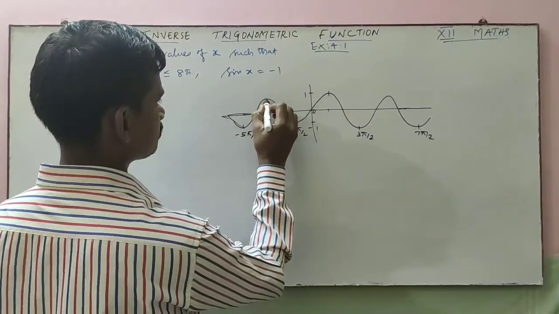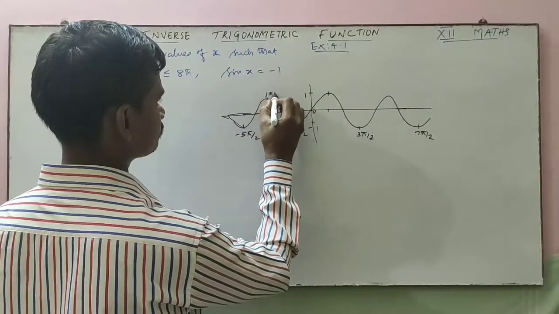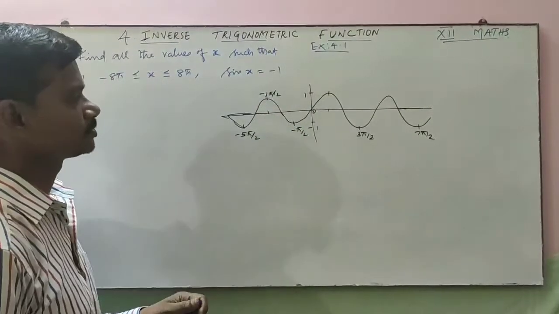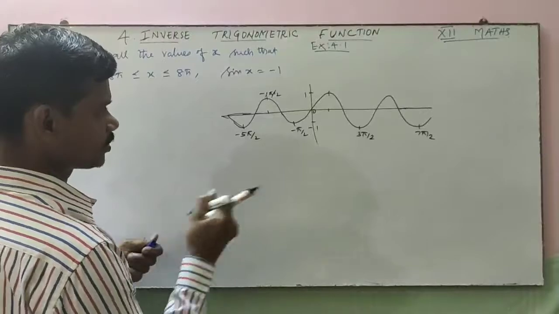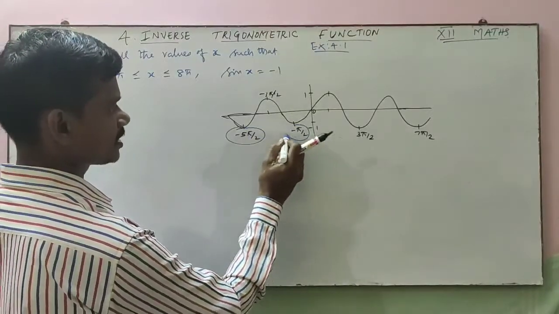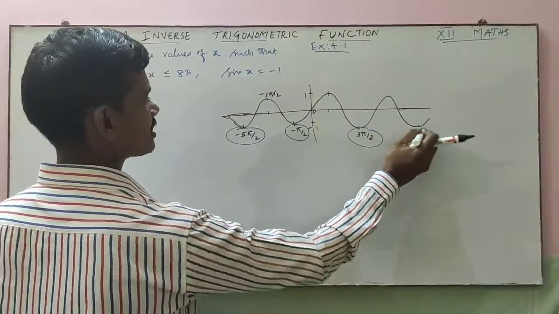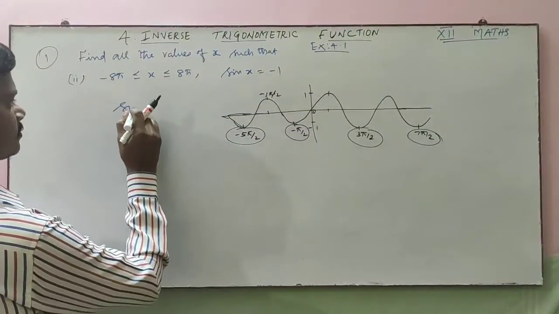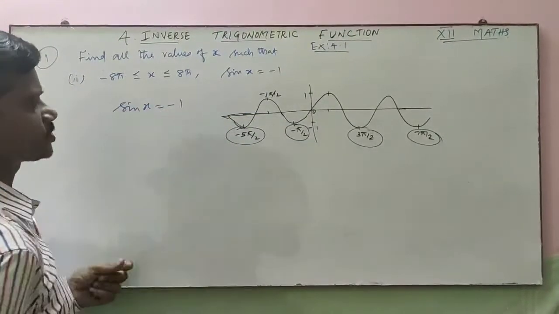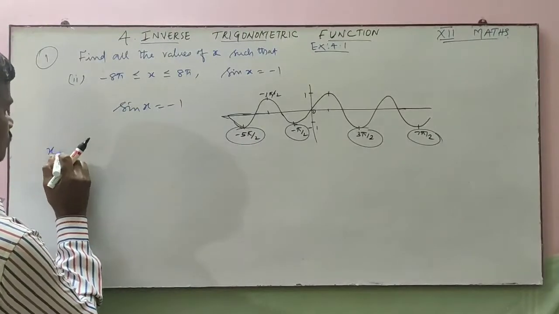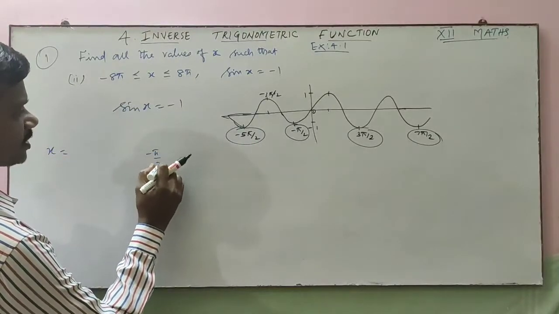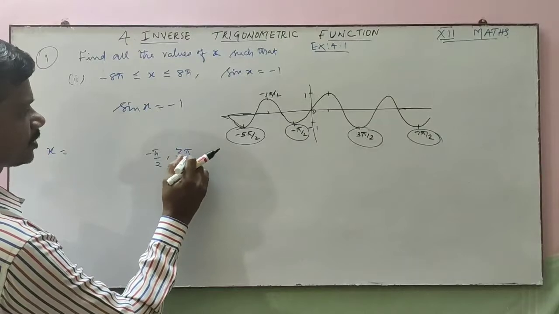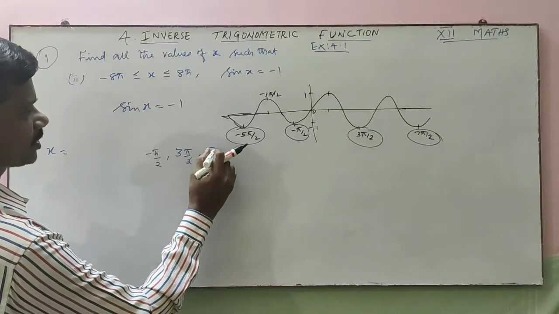This is 3 pi by 2 here, minus 3 pi by 2. So for these values, these thetas, the sin value is minus 1. Sin x is minus 1 for x is equal to minus pi by 2, then 3 pi by 2, 7 pi by 2.